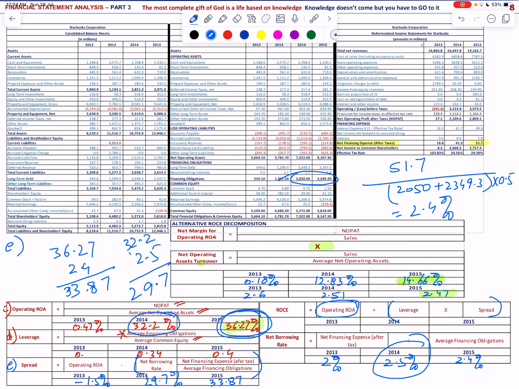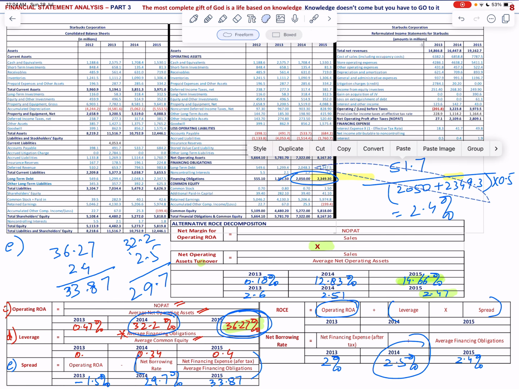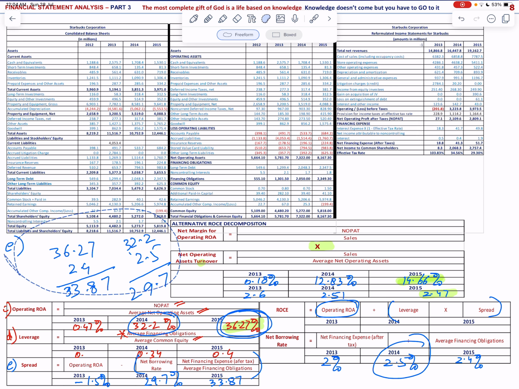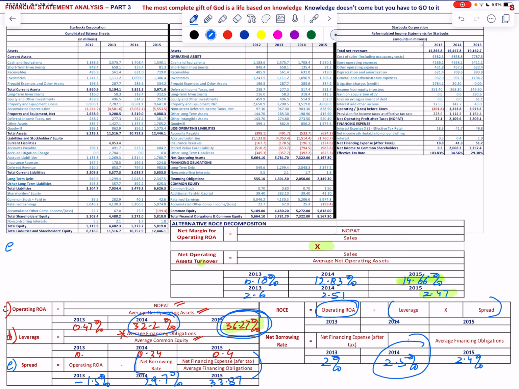The leverage we have already calculated, it is 0.4, and the spread is 33.87. So this is 0.4 times 33.87.